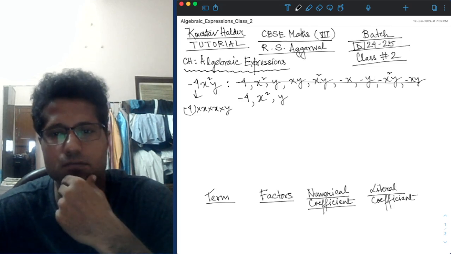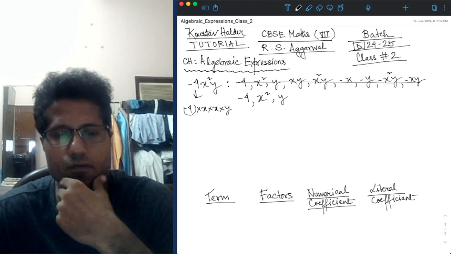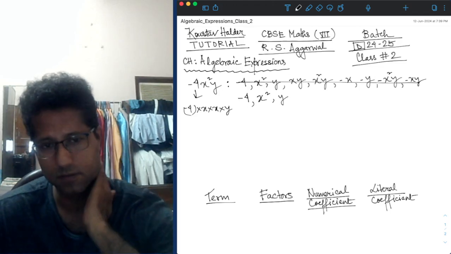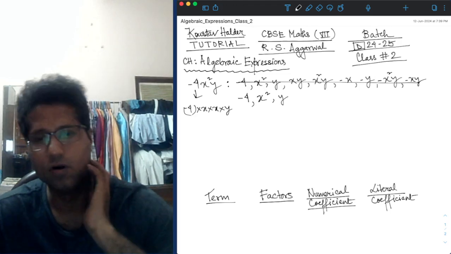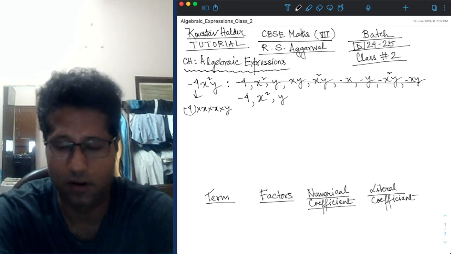So the factors of this term minus 4x square y are the constant part, minus 4, and all the separate literals.